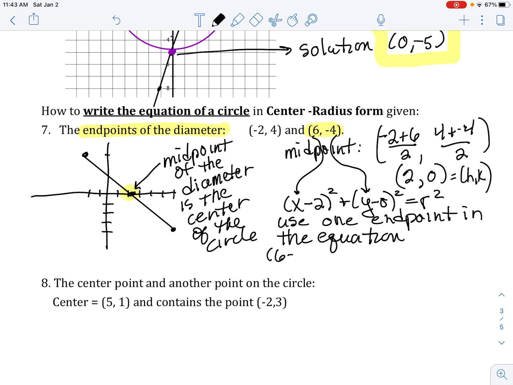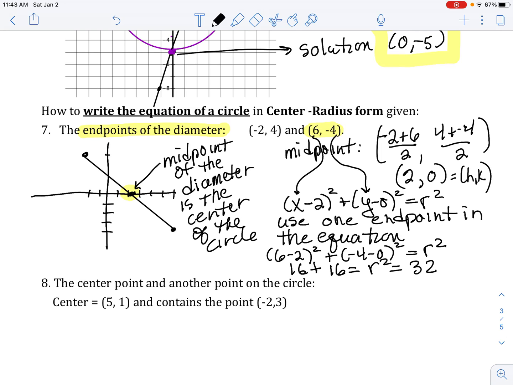So that's going to be 6 minus 2 squared plus -4 minus 0 squared equals r squared. So that's going to be 6 minus 2 is 4 squared is 16. -4 minus 0 is -4 squared is 16. So that means r squared is 32.